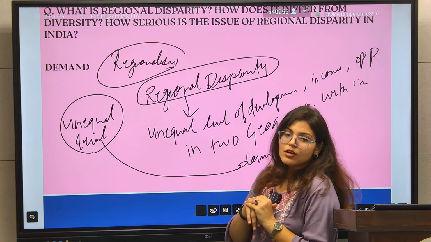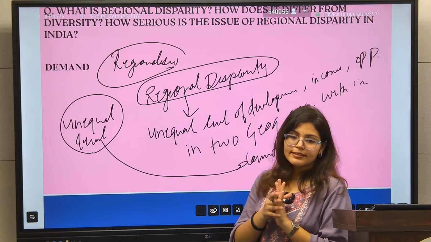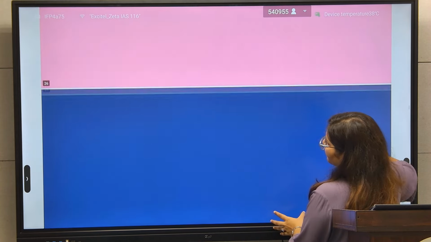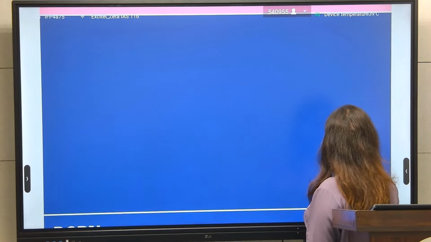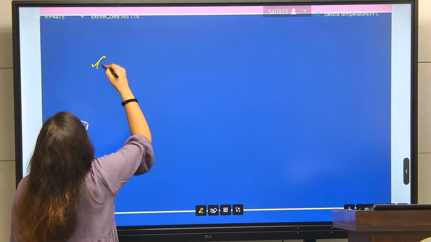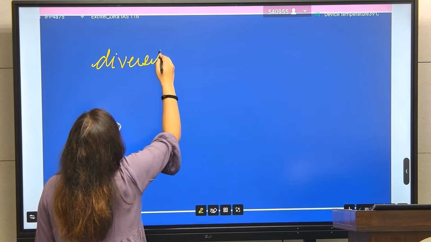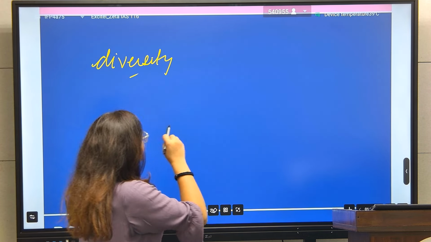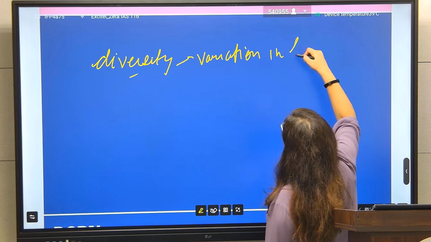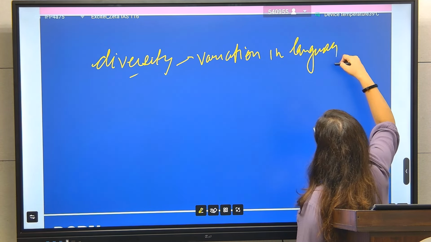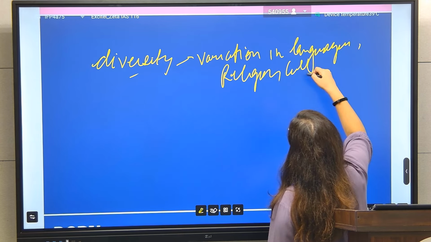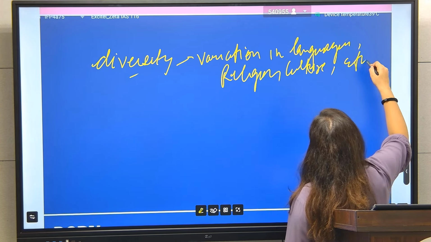Now the other term is diversity. So what is diversity? Diversity is a positive term. Diversity is variation in language, religion, culture, ethnic groups.